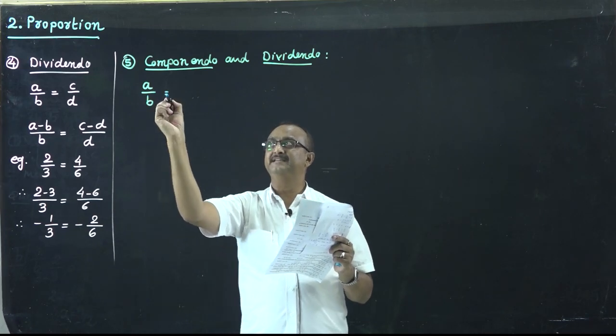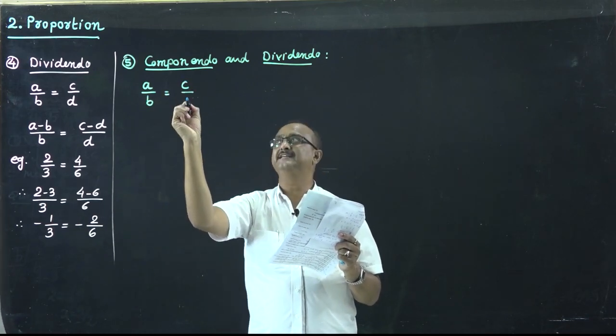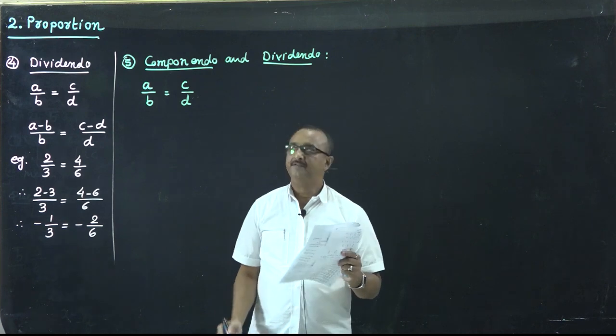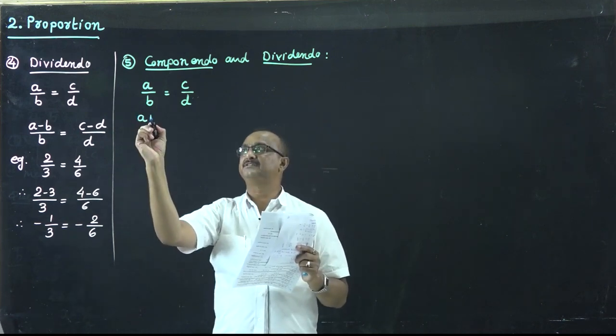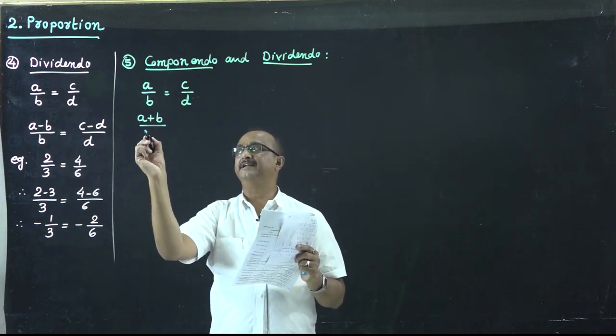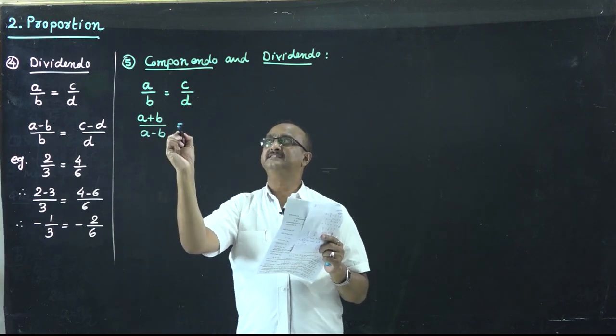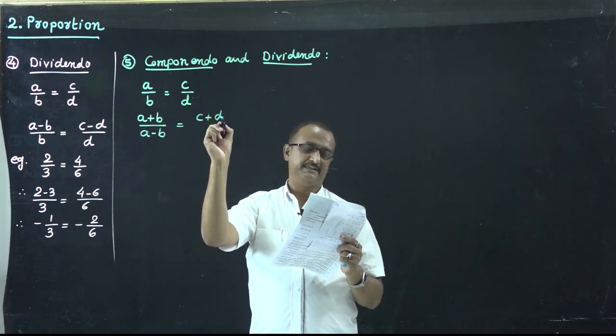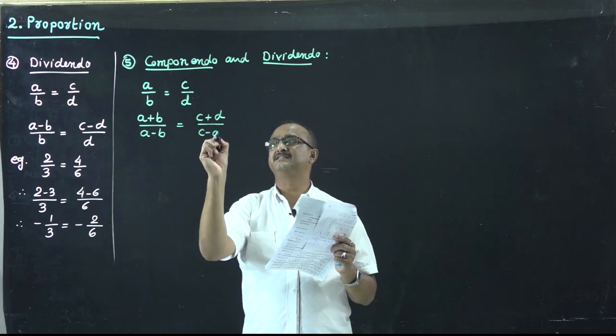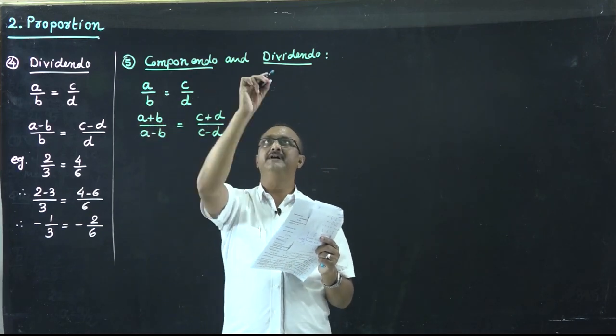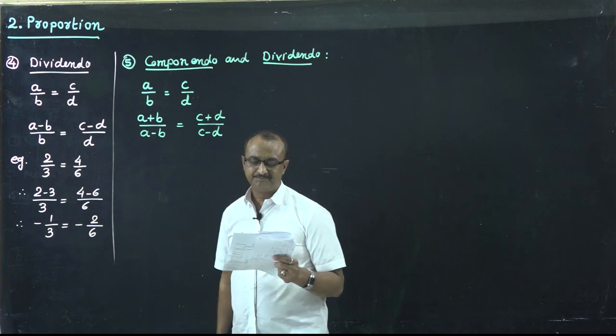If A upon B is equal to C upon D is given, we can write A plus B upon A minus B is equal to C plus D upon C minus D, componendo and dividendo. Okay.